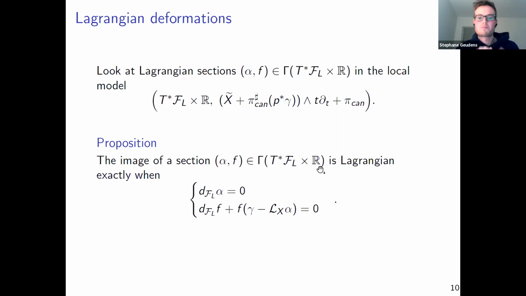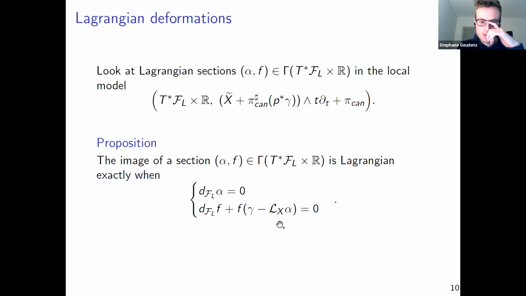And now we can just compute directly when a section here is Lagrangian. And this gives the following two equations. So alpha has to be foliated closed, and f has to satisfy this equation, where, as we see, gamma and X appear. So this is data coming from the modular vector field.